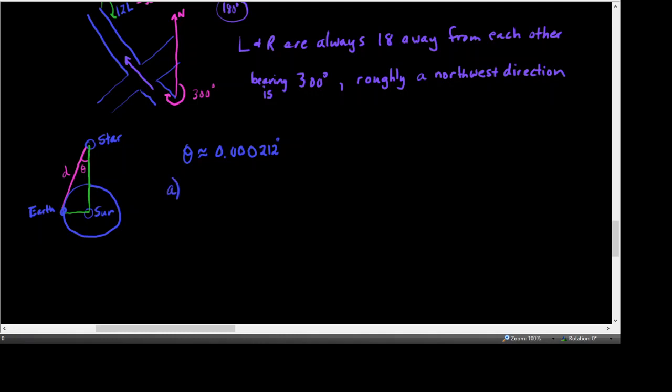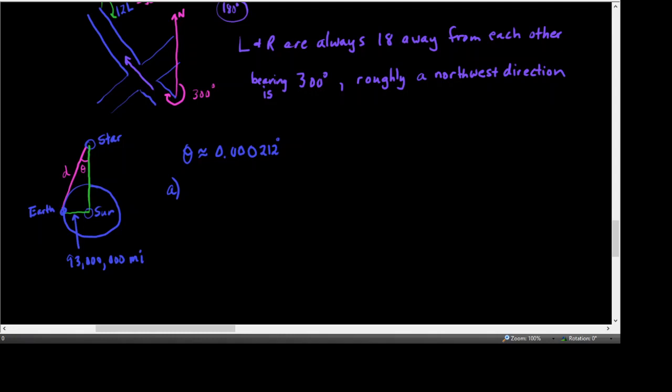First, calculate the distance to Alpha Centauri if the Earth-Sun distance is 93 million miles. So the Earth to Sun distance is 93 million miles. Okay?